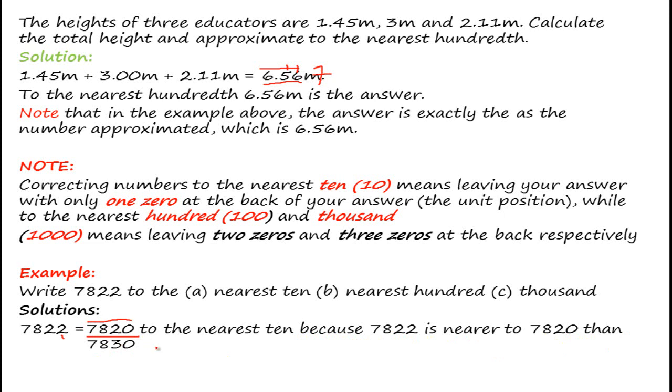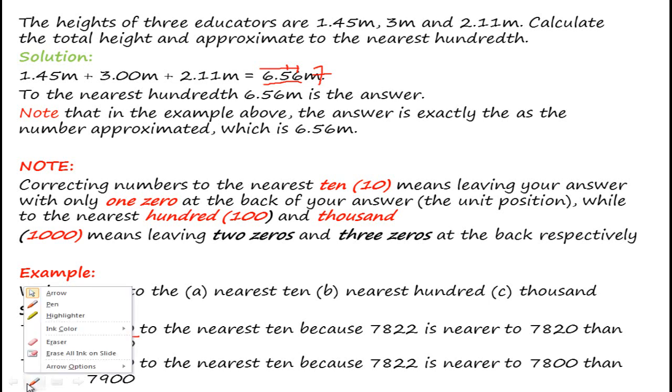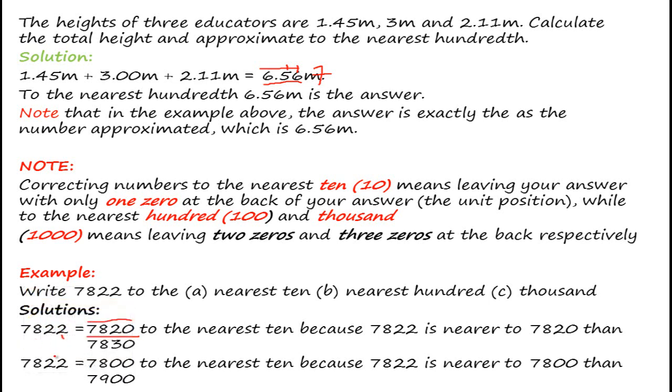So let's move on. Now 7822 to the nearest 100, this is what we are saying, you are going to count 1, 2. That means you are going to turn these 2 numbers to 0. Are you following me? And then the second unit position, which is this 2, is less than 5. You cannot add 1 to 8 anymore.